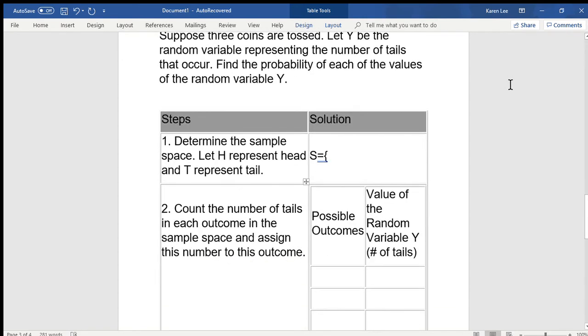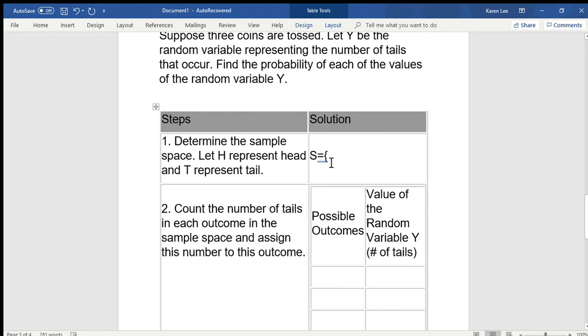So let's do this. First, let's determine the sample space. Let H represent head and T represent tail. So, let's find the sample space.